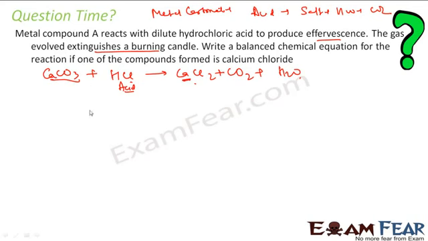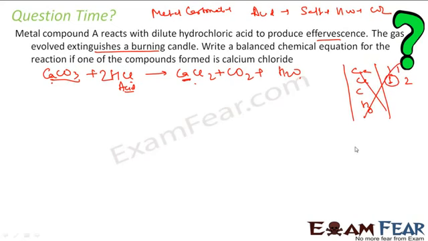Now balance this. We have the metal calcium, the non-metal chlorine, then carbon, hydrogen. Calcium we have one here, balanced. Then chlorine is 1 here and 2 here, not balanced. We will balance this by multiplying this one by 2.